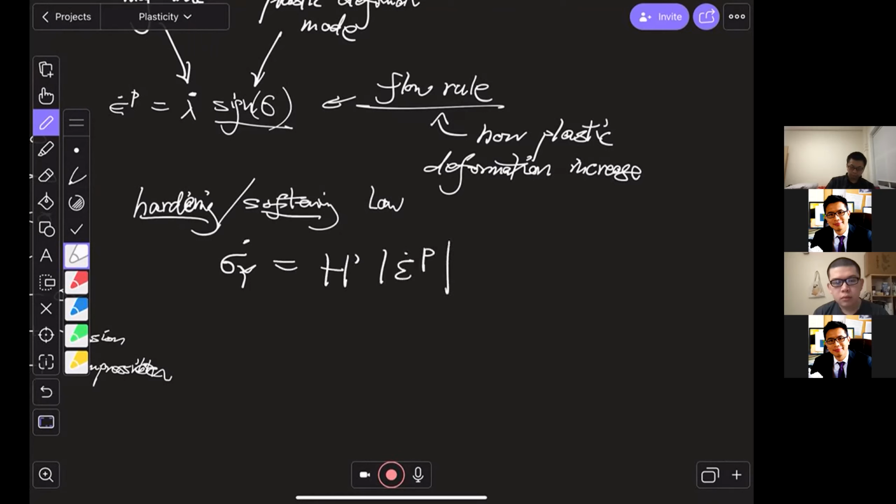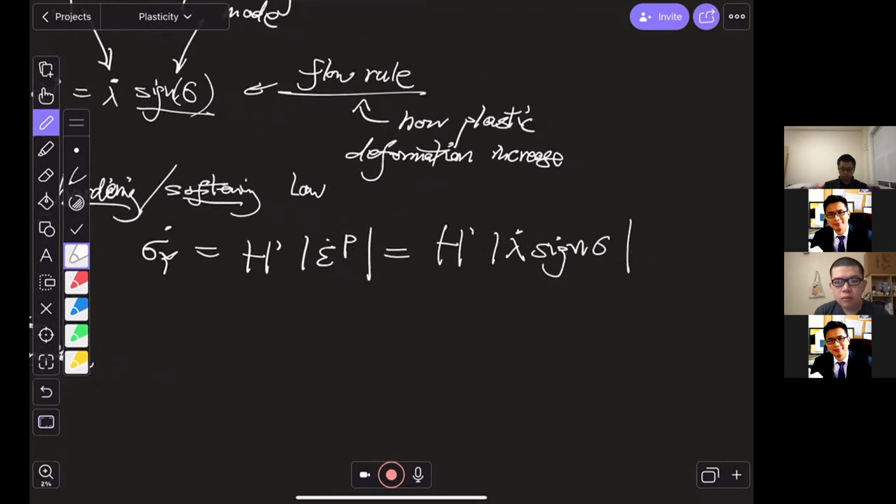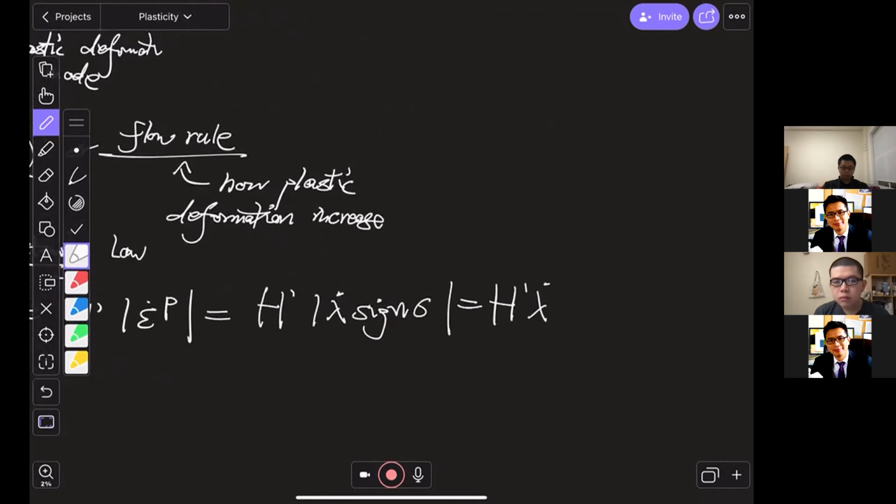I have a hardening modulus times that magnitude, and then if you look at it, that would be simply equal to h prime times lambda dot. And lambda dot has a specific name, it's called the plastic multiplier.